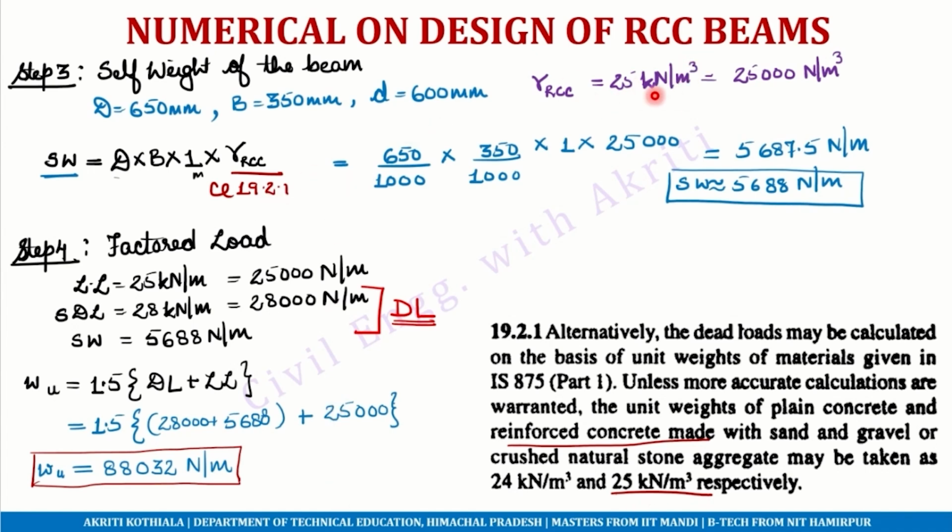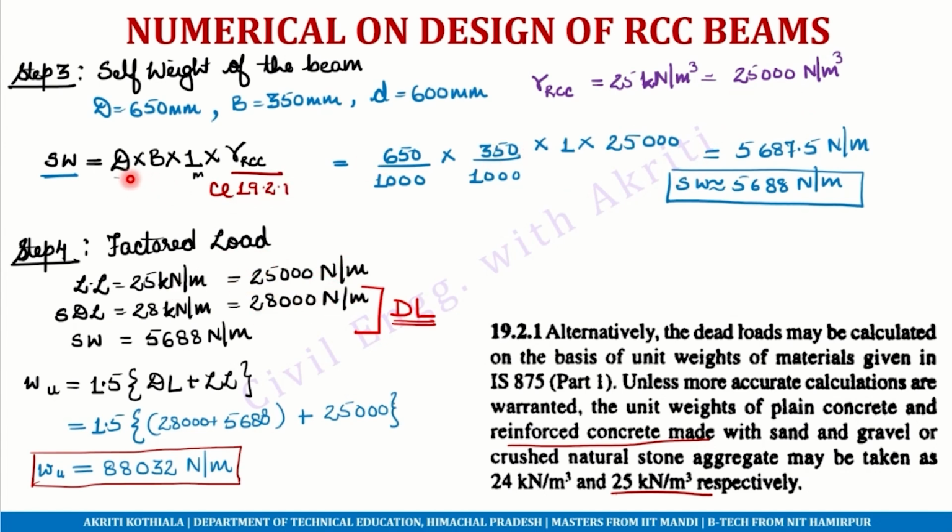So 25 kilonewton per meter cube can be written as 25,000 newton per meter cube. We are converting it into newton because everything else, if we see the factored load in the next step, has been converted into newton per meter. So this gets easier for us.